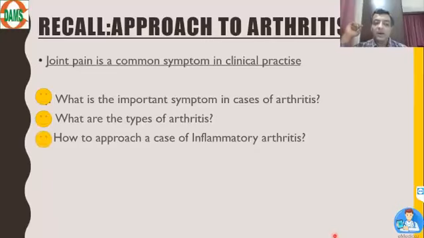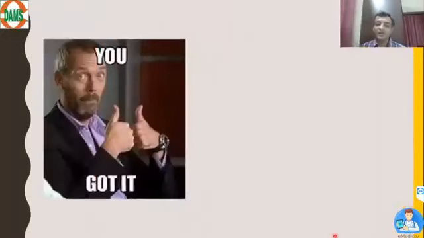And now we know how to approach all the cases of inflammatory arthritis. We have studied the topics RA, SPA and crystal induced arthropathy. We have completed all of them.